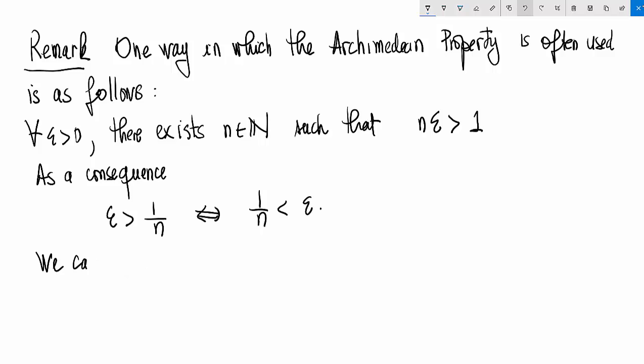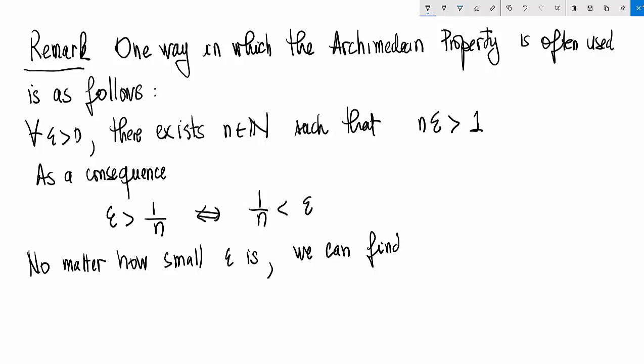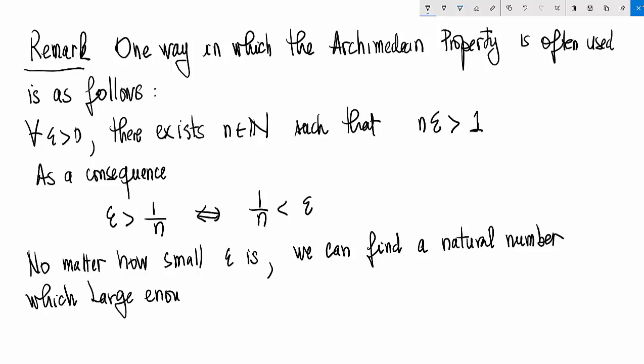So in fact, no matter how small epsilon is, we can find a natural number which is large enough to make 1 over n less than epsilon.